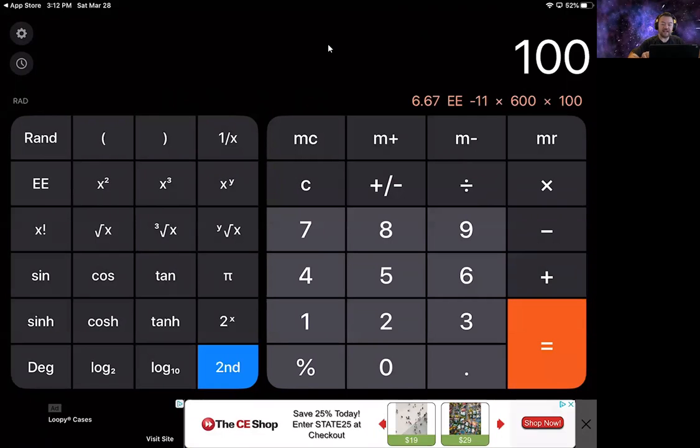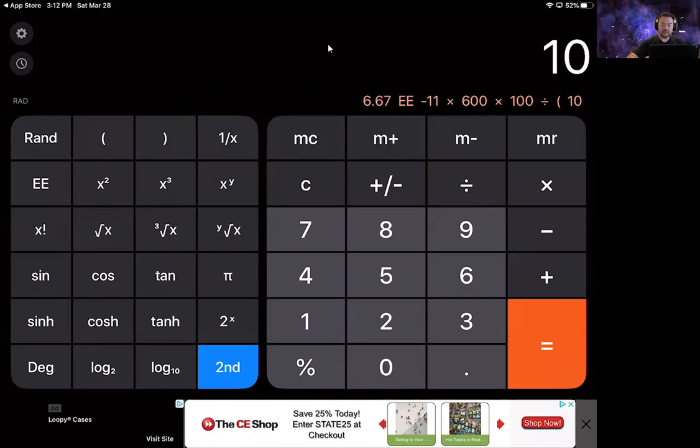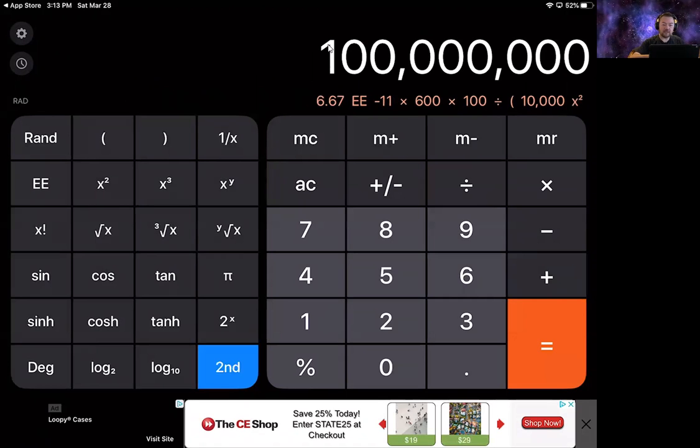We're going to divide that by our distance squared. So I'm going to type in parentheses our distance, 10,000 meters, it's a pretty big distance, and then square that, and then close parentheses.